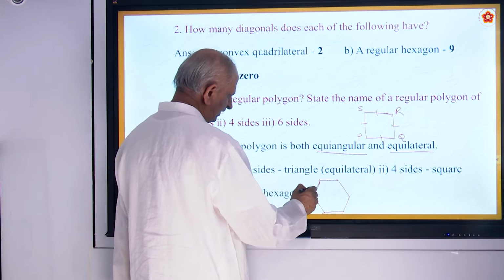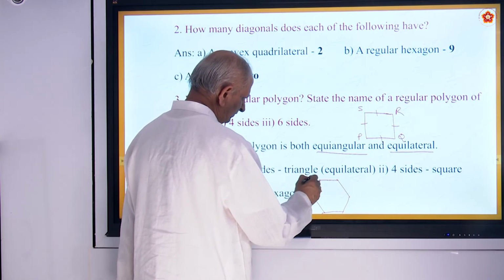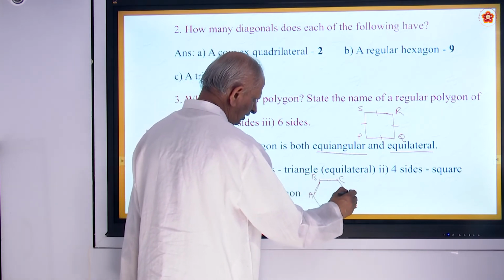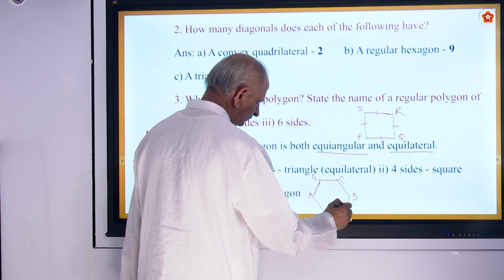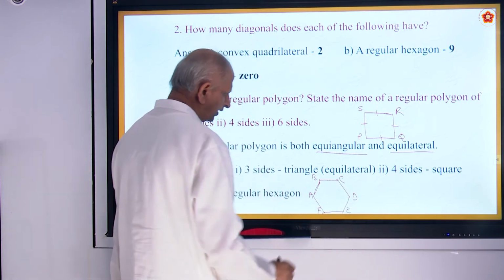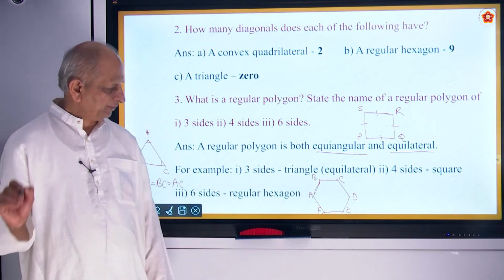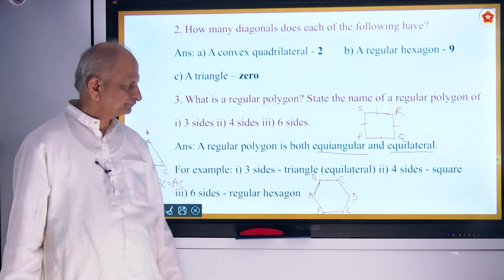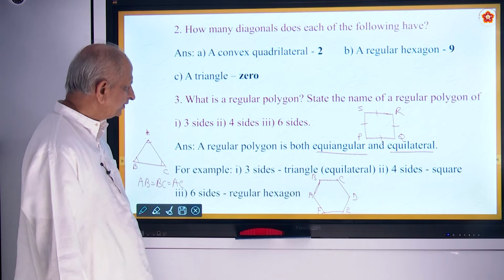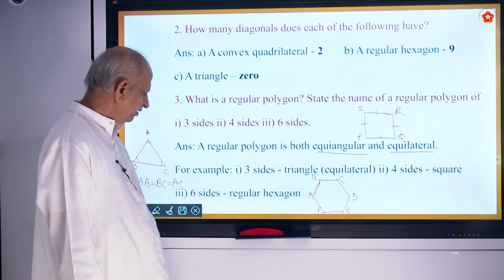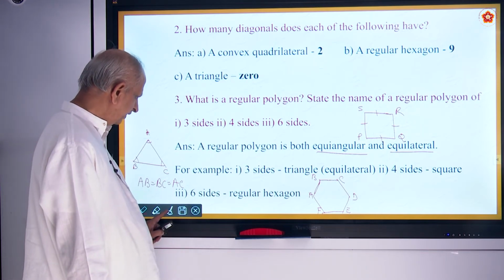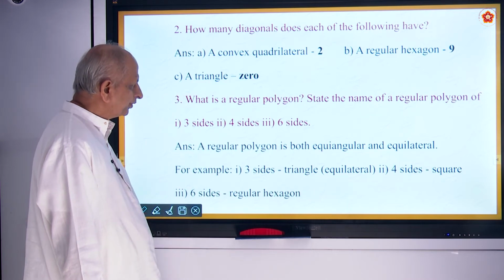It is not an exact figure, approximately. So this is called a regular hexagon. Here all the sides are equal, all the angles are also equal to 120 degrees. Okay, therefore it is called a regular polygon. Noted? Okay.